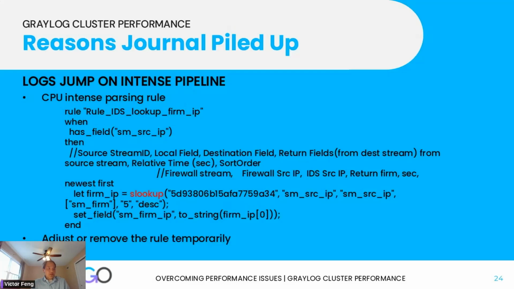In this stream lookup, how far back you need to search is the key to determine how intense the search could be. Of course, the longer you search back, the more intense the search would be. We made a few adjustments to make sure the search would not cause a performance problem. One time, our IDS service had an outage.